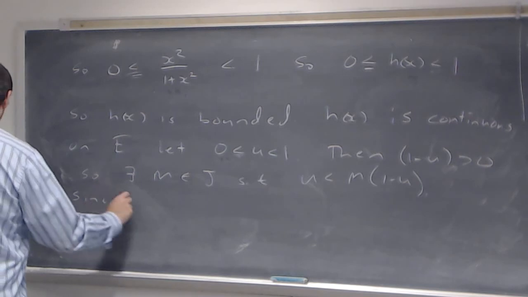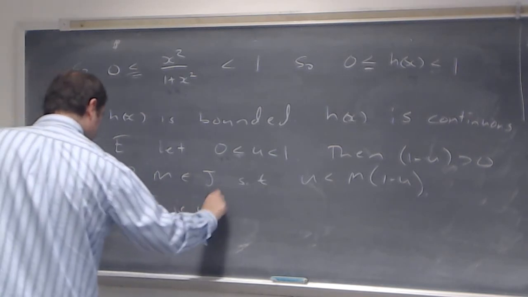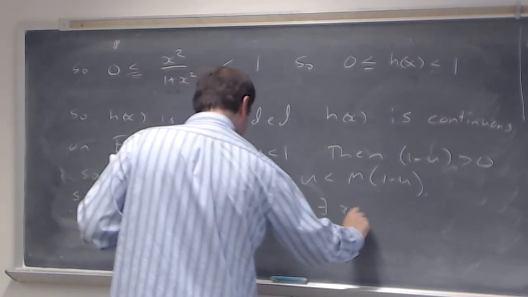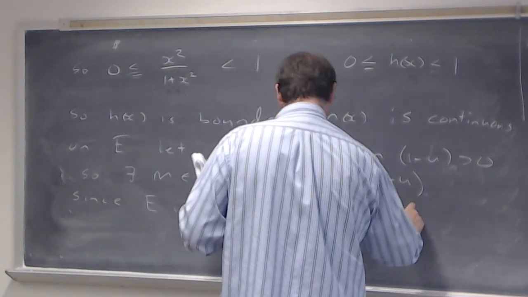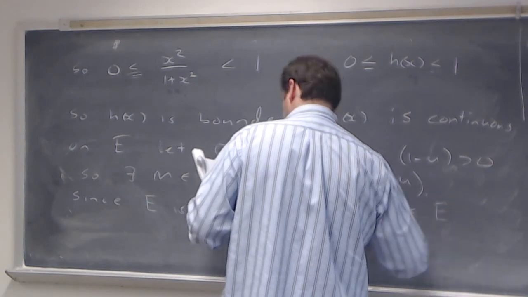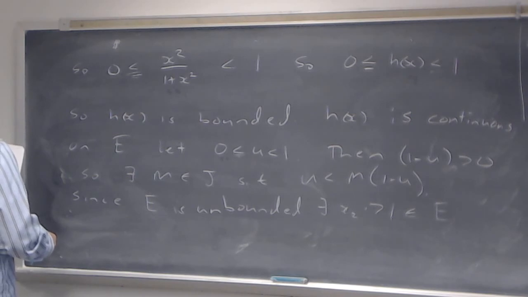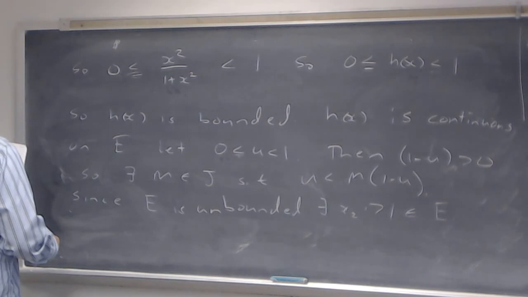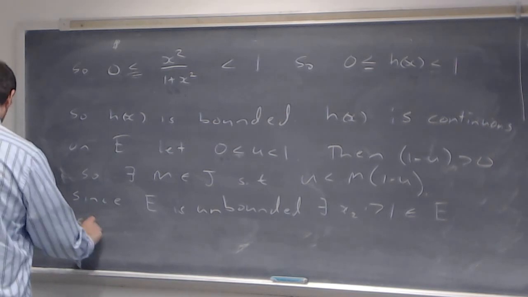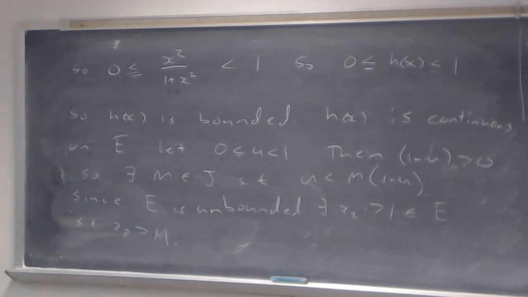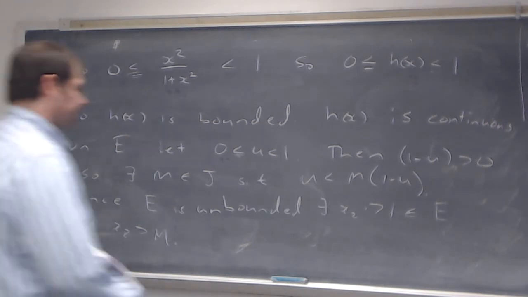So since E is unbounded, there exists an x of 2 in E that's bigger than 1, such that the absolute value of x of 2 has to be bigger than m.